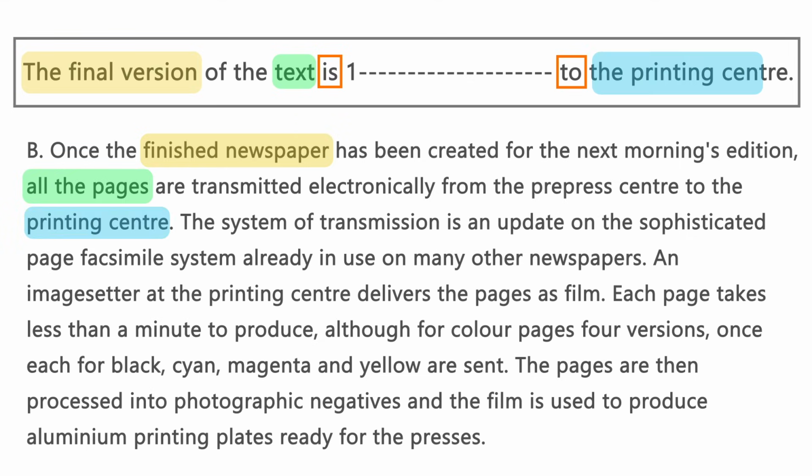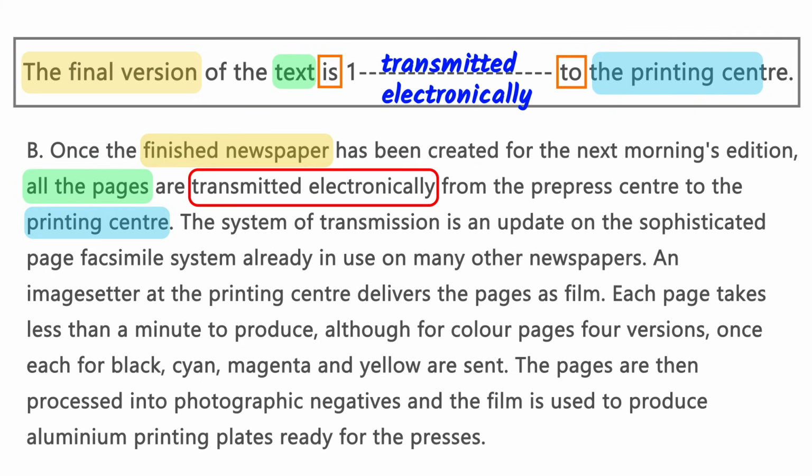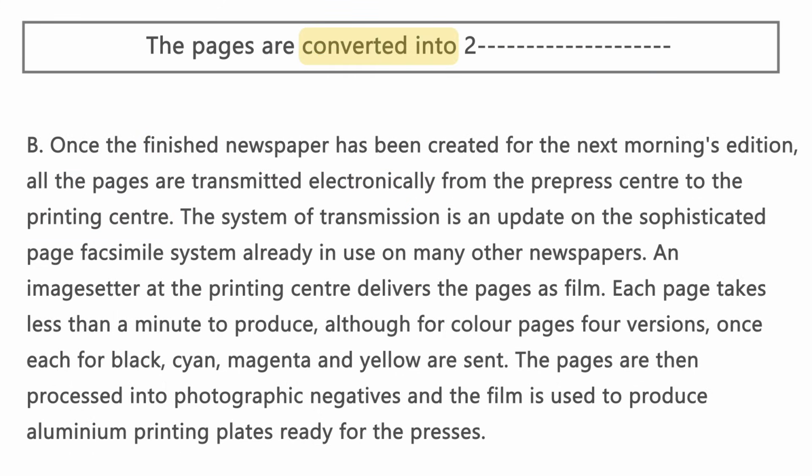So you see that printing center is exactly repeated here. So we are pretty sure that this is the correct answer. Transmitted electronically. All right, this is the correct answer for number 1. That was pretty easy. Now let's jump to our next question.